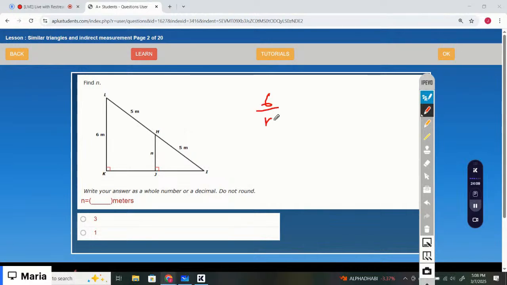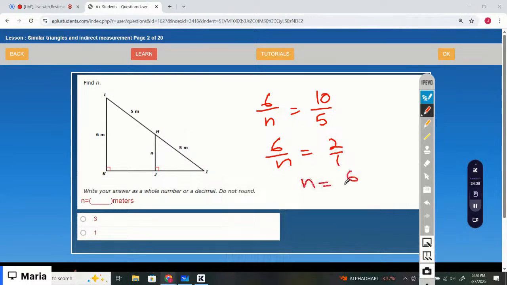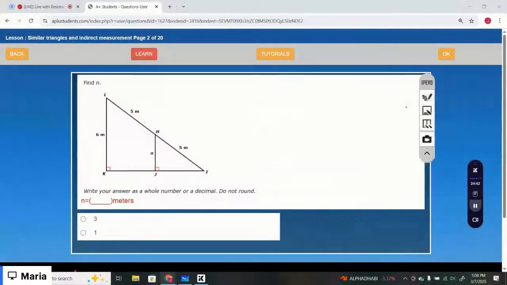That is 6 divided by n equals 10 divided by 5. 10 is the length of the greater triangle. LI is 10, but HI is 5. So that is 10 divided by 5. So 6 over n equals 2 divided by 1. So that is n equals 6 divided by 2. n equals 3. The correct option is n equals 3. Option number 1 is the correct option.